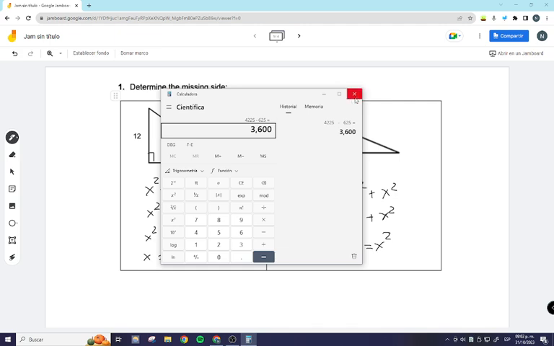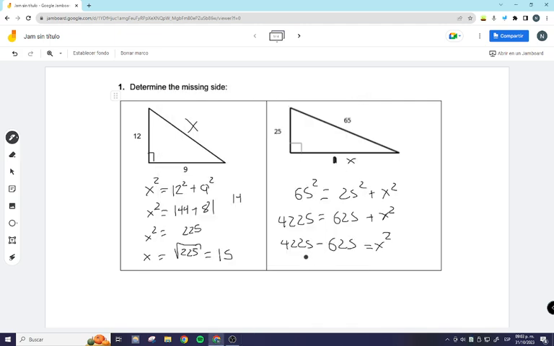That's 3,600, which is x squared. Now I'm going to continue here, I didn't have enough space. So x is the square root of that.